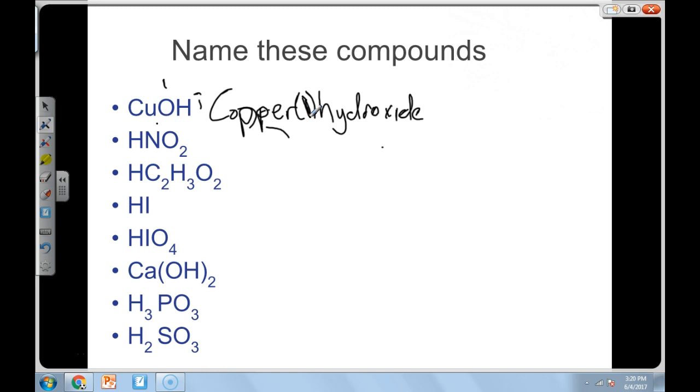Okay, now the next one. This one we've already seen a couple pages back. This is an acid because it's got an H out front. Arrhenius theory says that this is an acid. This is the nitrite ion.